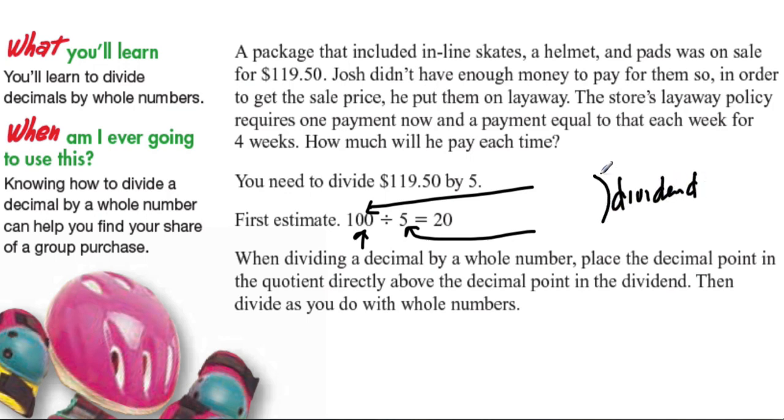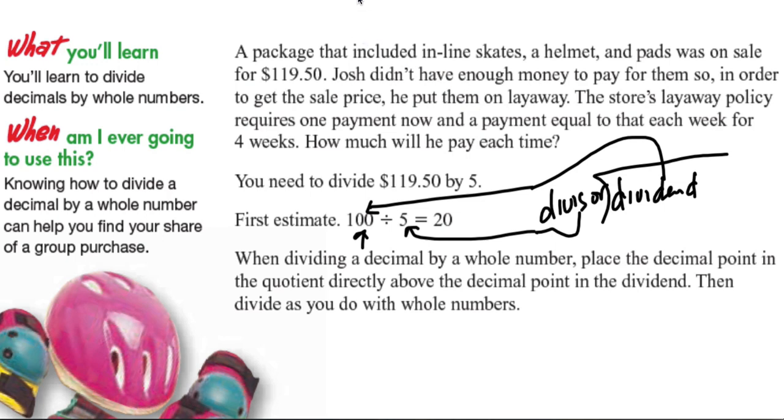So the first number in this division expression is your dividend. The second number is your divisor. So when dividing a decimal by a whole number, place a decimal point in the quotient directly above the decimal point in the dividend, then divide as with whole numbers.